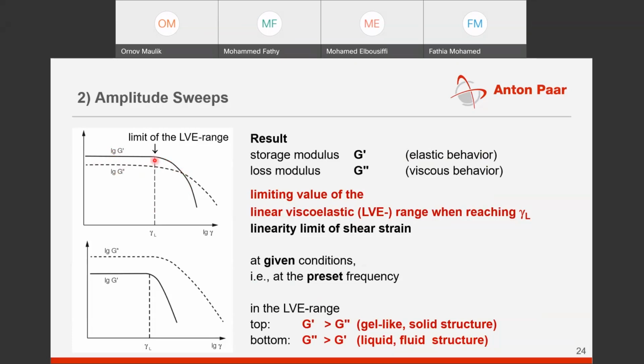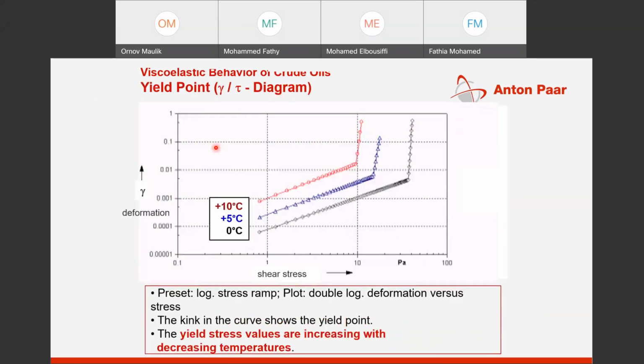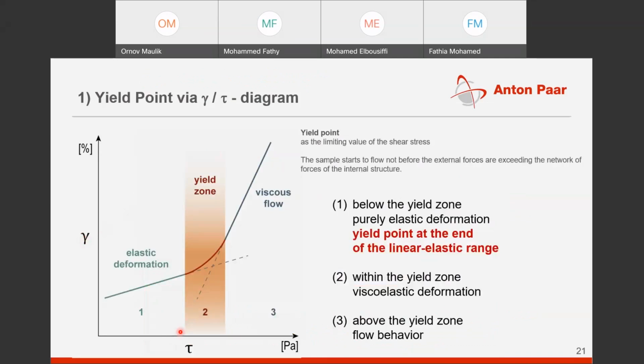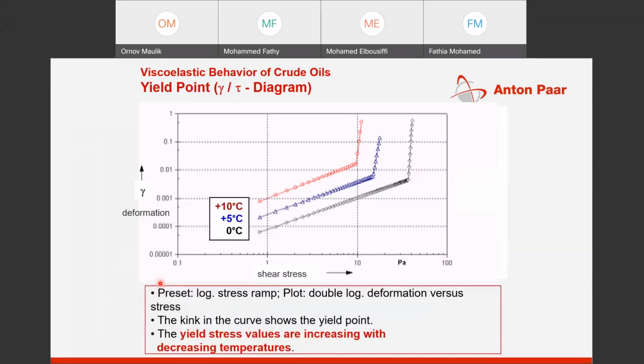Now, the deformation at which this G prime curve starts deviating towards G double prime is called the linear viscoelastic range. If you consider a stress and deformation curve, you can see this elastic deformation, that is the deformation up till which the internal structure of your material is constant.